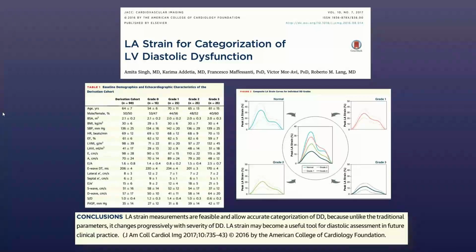So, according to this data, it seems that the use of atrial strain can be of help to simplify the evaluation of diastolic dysfunction in adult patients.